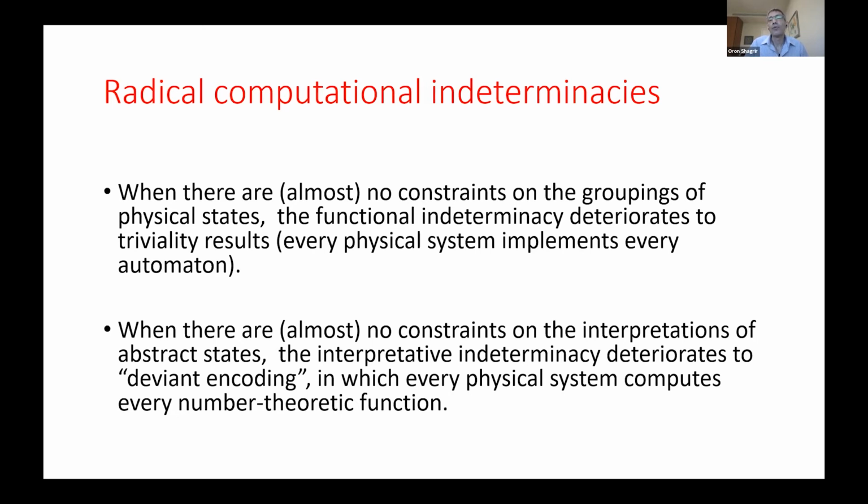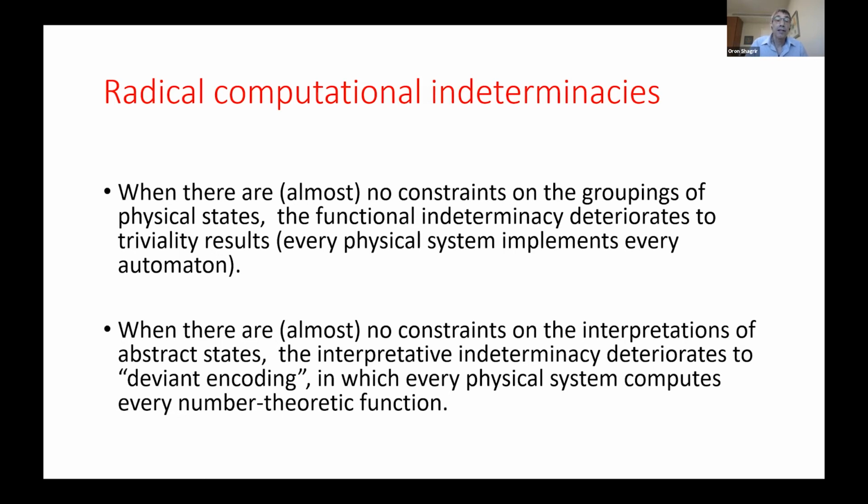So when we put no constraints, as I pointed out at the beginning of the talk, the functional indeterminacy really deteriorates to triviality results. So we can have all kinds of groupings and see basically every system as implementing every possible automaton. So I think that the triviality result is a limiting case of the functional indeterminacy.